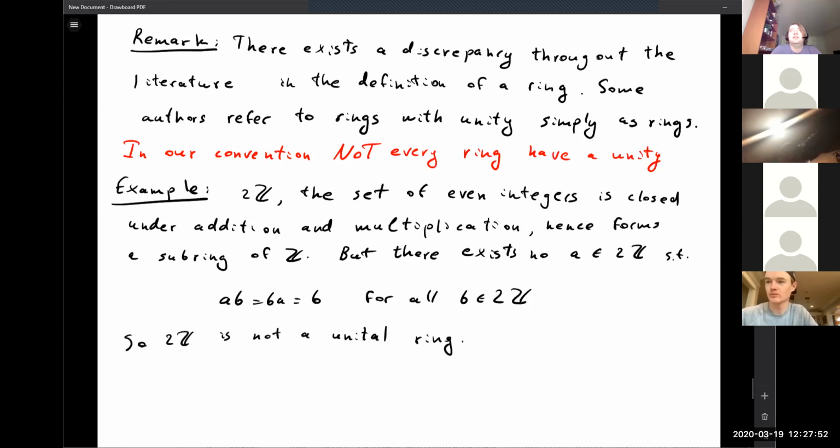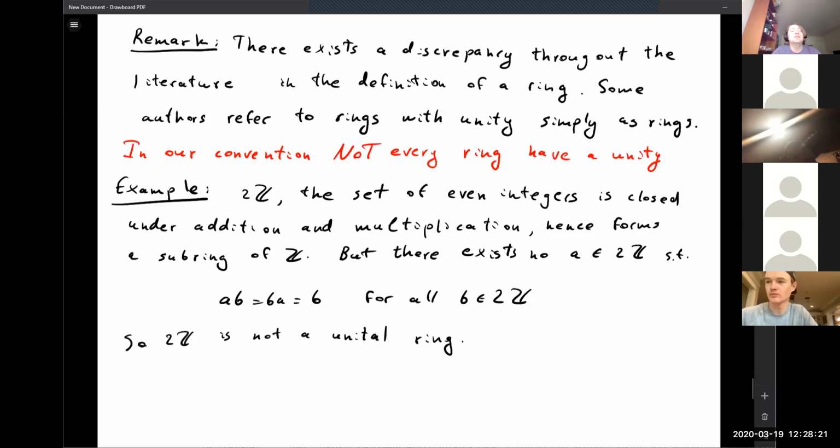So later when we study the so-called ideals, for us the ideals will be subgroups and subrings, and they will play a role similar to the role played by normal subgroups in group theory. Now, the authors who require all rings to be unital won't be able to say that an ideal is a ring.